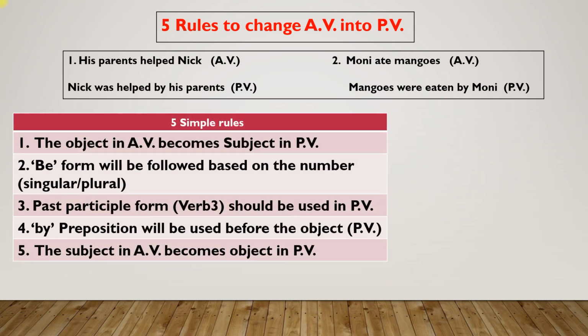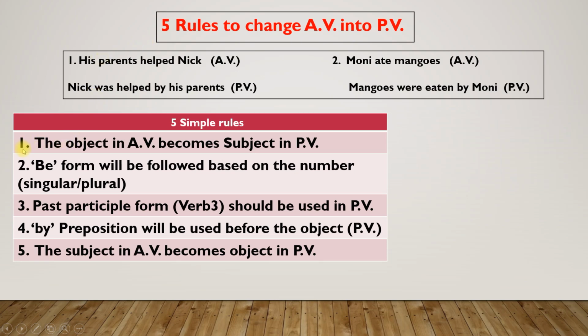Yes, what are the rules and ways we need to change a sentence into passive voice? We have to follow these 5 simple rules in order to change an active voice sentence into passive voice. What are the simple rules?